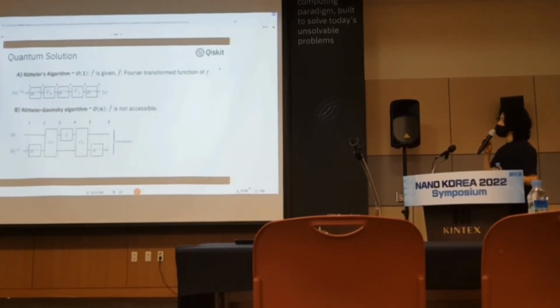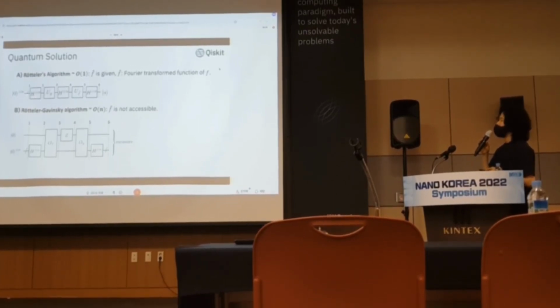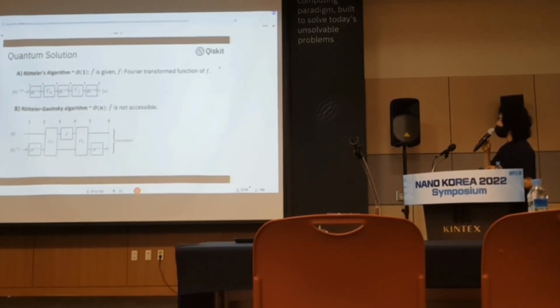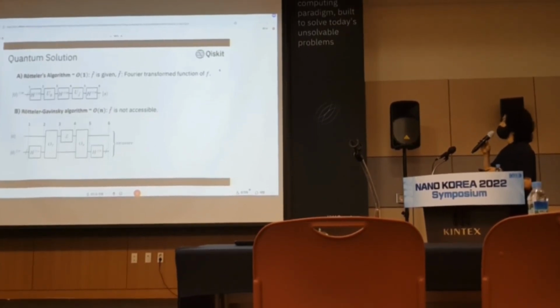There are two quantum solutions we introduced. One is called Rötteler's algorithm. In this case, f tilde is given. f tilde is the Fourier transform, the dual function, of f. The other is called Gavinsky-Roetteler-Roland algorithm. In this case, f tilde is not accessible.